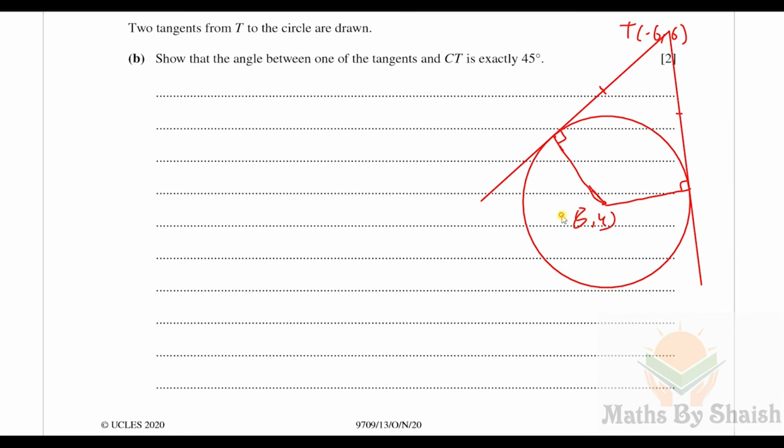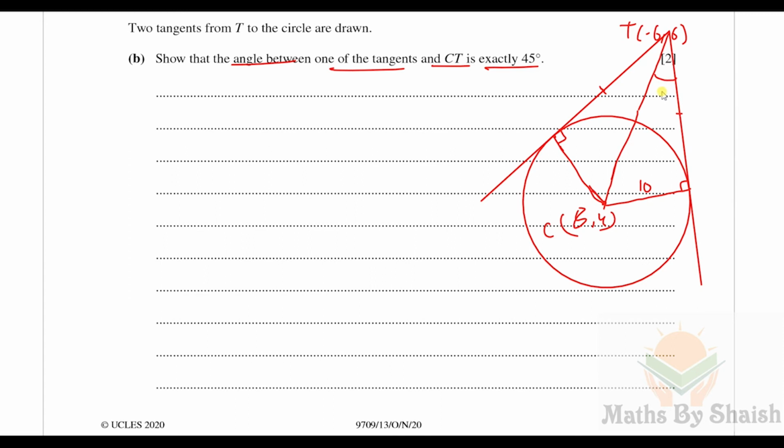The question is, show that the angle between one of the tangents and CT is exactly 45 degrees. So the tangent and CT, where C is the circle center, this angle we need to prove is exactly 45 degrees. This is what we need to prove.